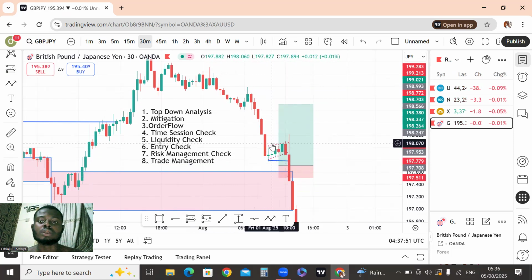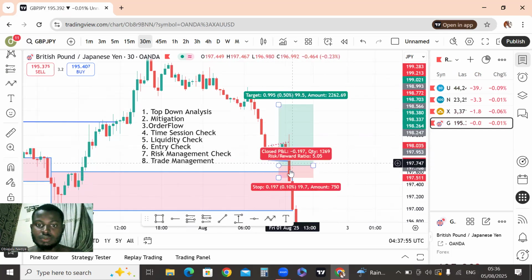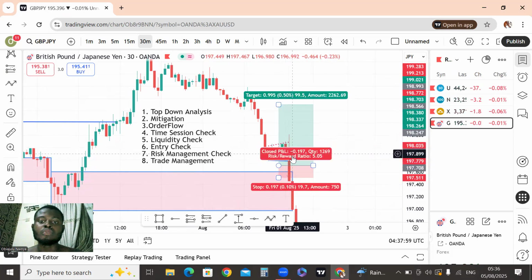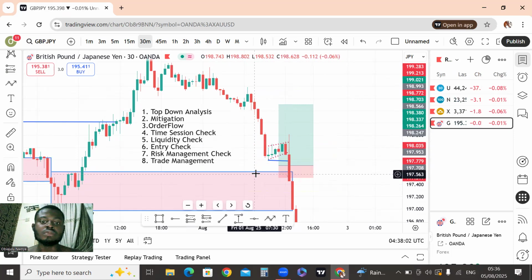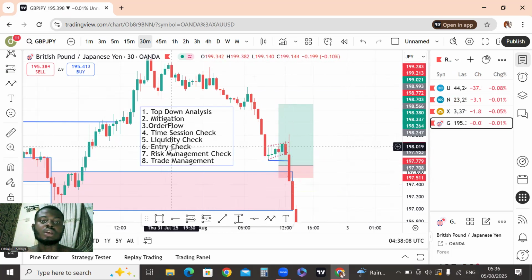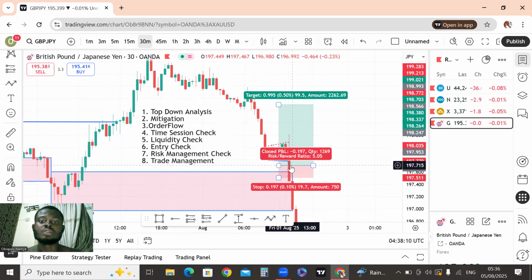Then this big red candle happened so fast and mitigated this zone. Immediately it mitigated this zone, I saw my entry, my candlestick confirmation entry. Then I took the trade at this level that you guys are seeing now.